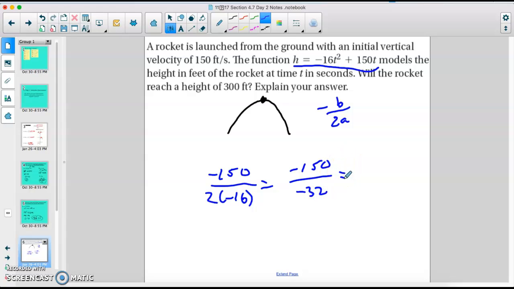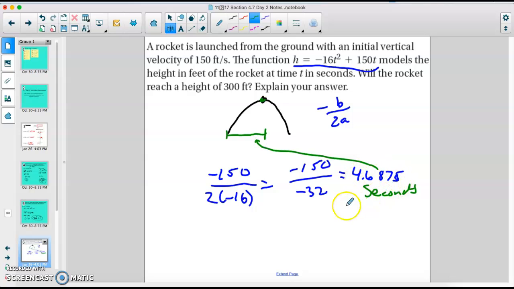And that ends up being a decimal, 4.6875. And it ends there, so it does end nicely. And then if you remember, this is how many seconds it's going to take to get up to this point. Okay, so from time 0 to here, it takes 4.6 whatever seconds.